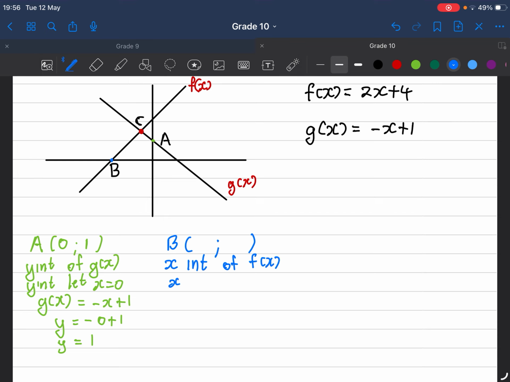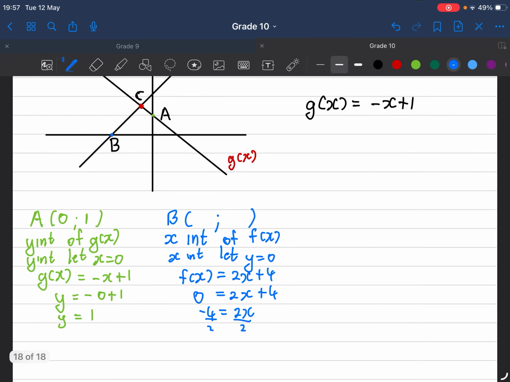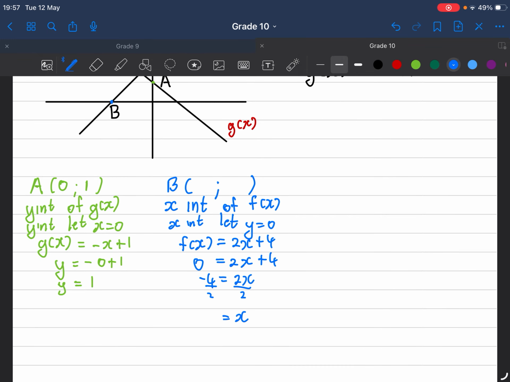So we say x-intercept, let y equal to 0. On which graph? The f of x graph. So I'll write the f of x equation, and I'll make y equal to 0 and solve that. So 2x is equal to negative 4 divided by 2. So x is equal to negative 2. So this is going to be negative 2 and 0.